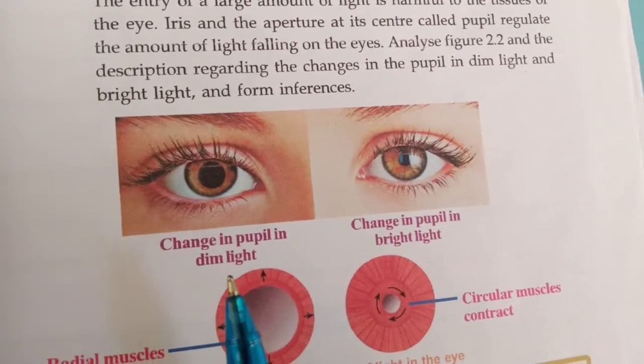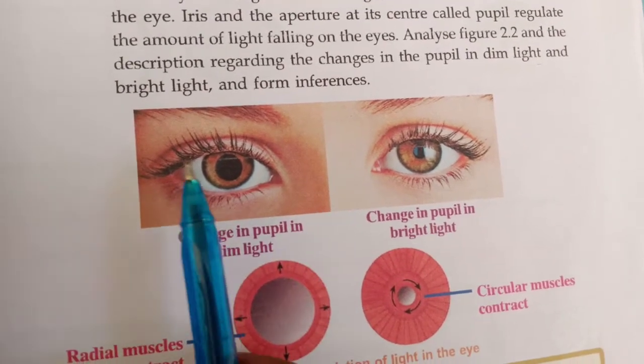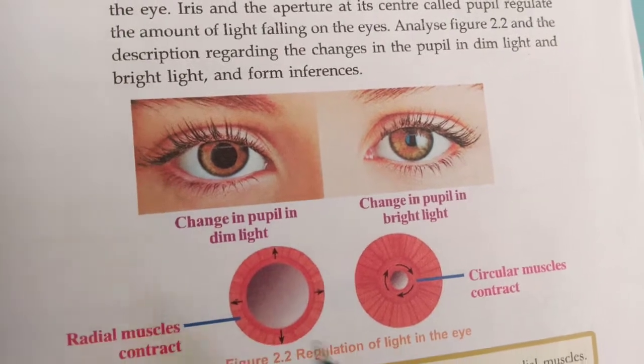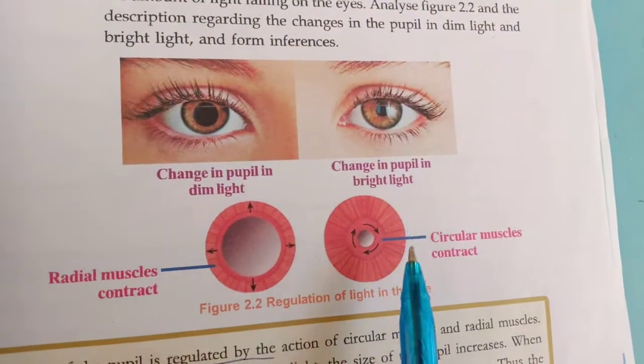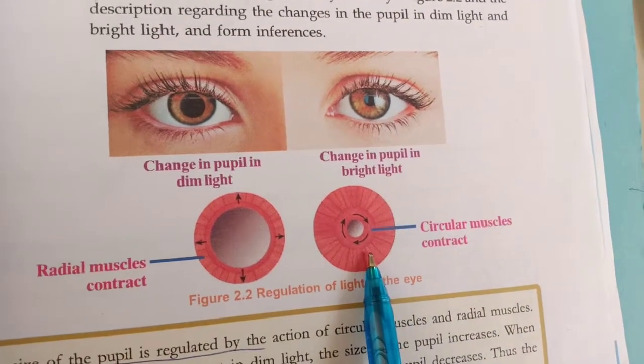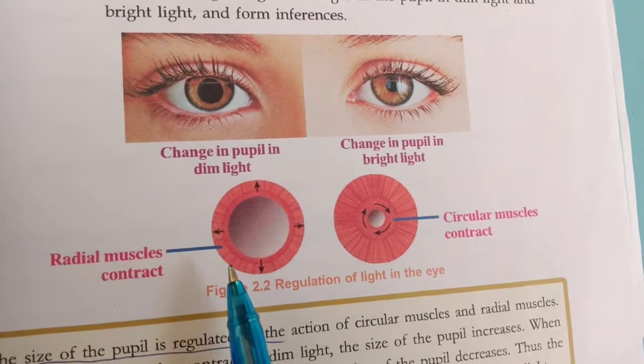But in the case of dim light, we have a change in the pupil. The condition of the pupil during bright light will be like this, and in dim light like this.